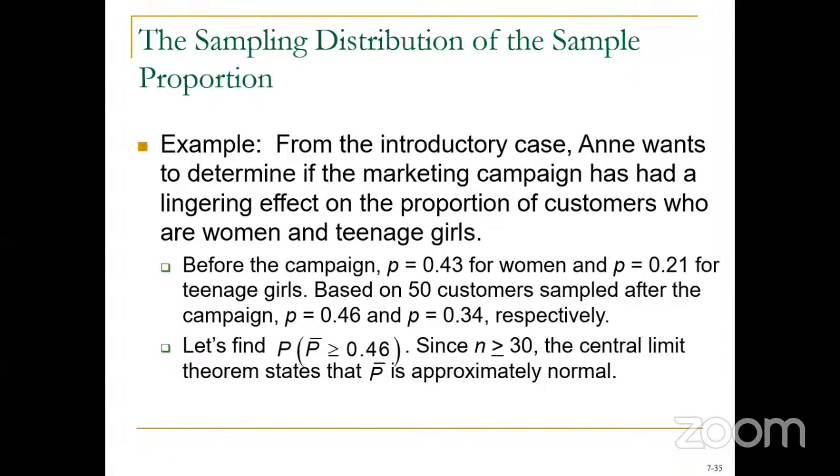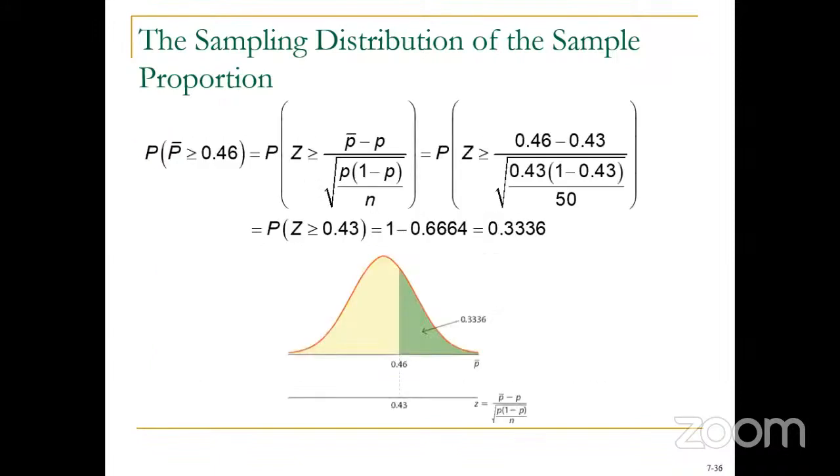Because n is more than 30, and we can easily check that np is more than or equal to 5, we can apply the proportion formula. We applied the same formula to see the case of more than 46% customers being female. The chance that more than 46% are female is 33.36%, right?